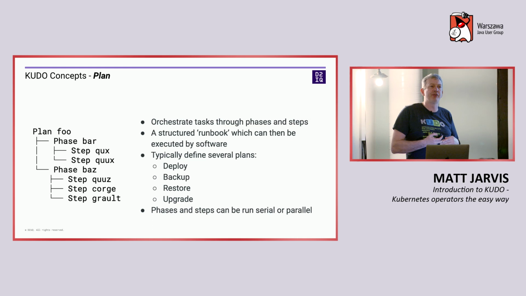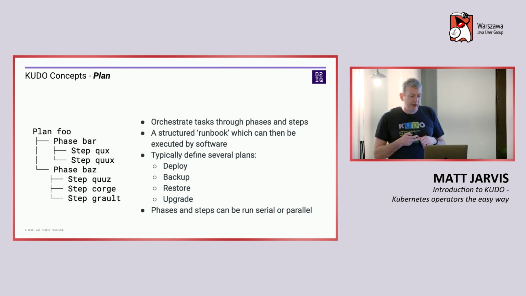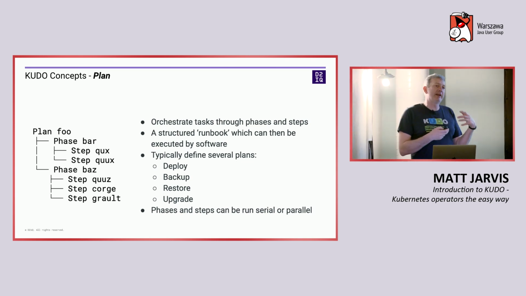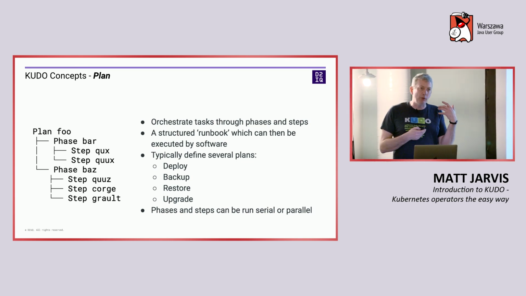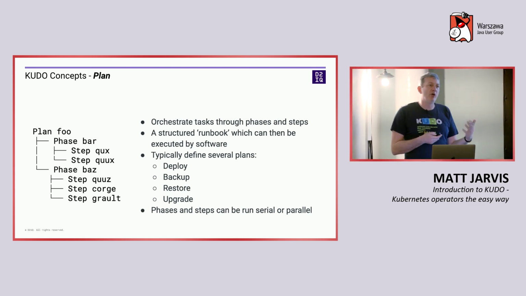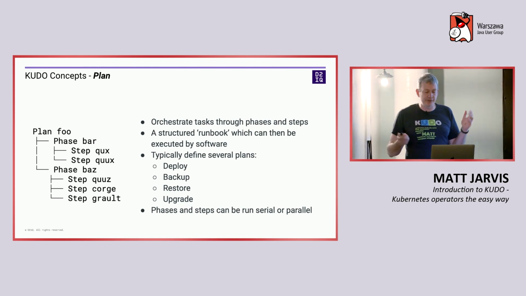And all this stuff is defined in YAML, which we'll see again when we come to the demo at the end. Phases and steps can be configured with an execution strategy. So they can either be serial, where a step needs to be completed before we move on to the next one, or they can be parallel, where we just say you can run all these at the same time and it's safe to do that.